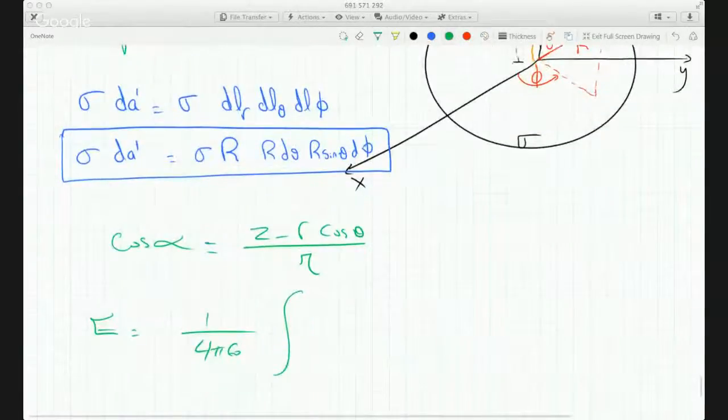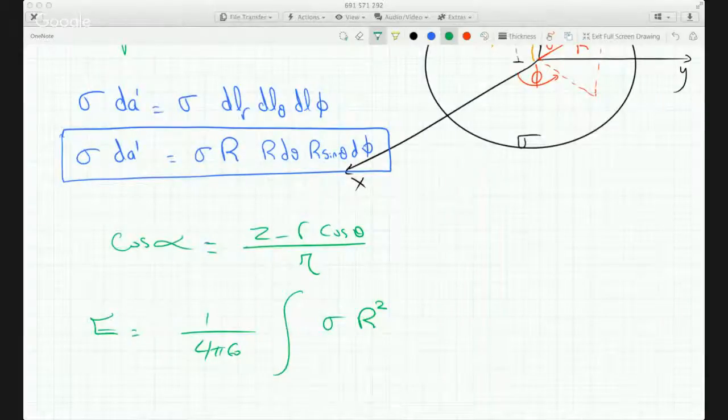Sigma dA prime is just sigma r squared... wait, no. How many r's do I have? Why do I have an extra r?